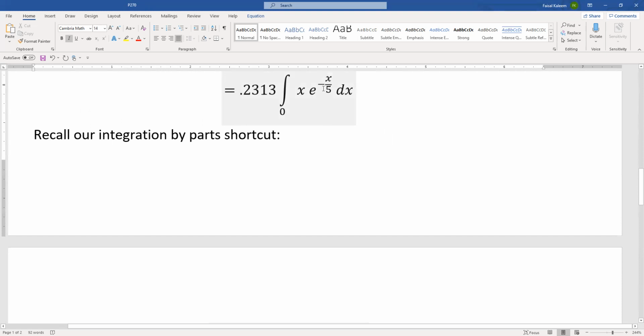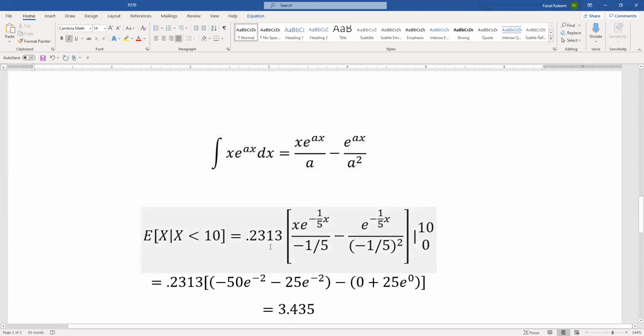So in this case, a is negative 1/5. So just substitute a equals negative 1/5 in this expression: negative 1/5 here, negative 1/5 here for a, and negative 1/5 in the denominator, and similarly here and here.